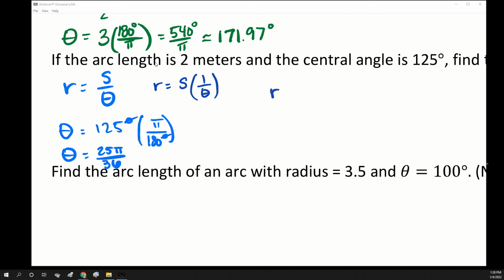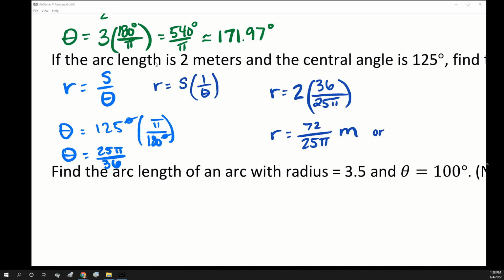Okay, so R is going to be our S, which was 2 meters, times the reciprocal of theta, which is 36 over 25 pi. So then I would just multiply across my numerator. 2 times 36 is 72. Multiply across the denominator, that's 25 pi meters.